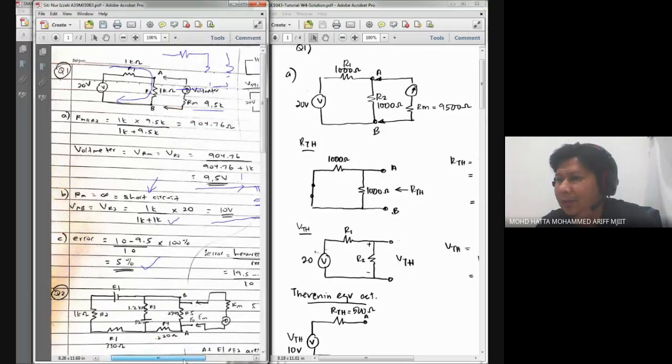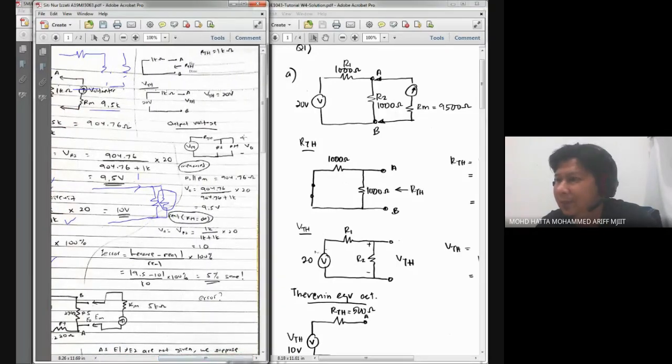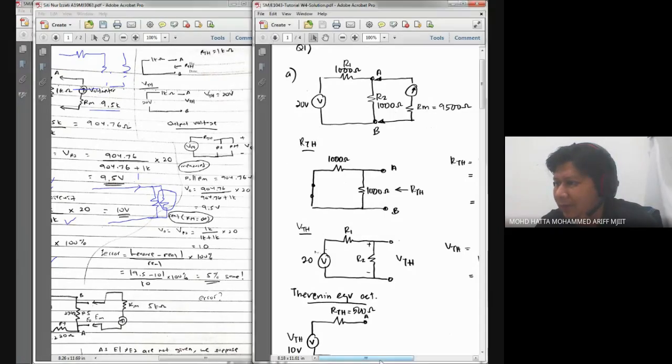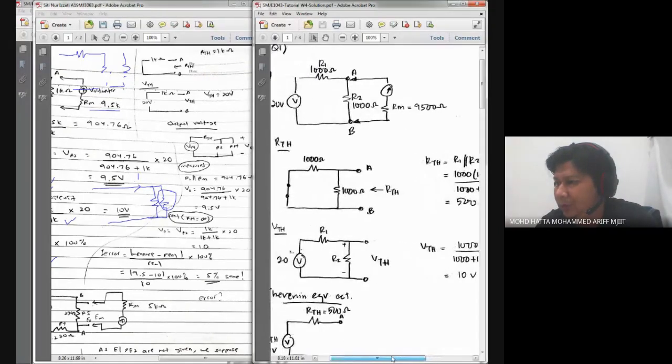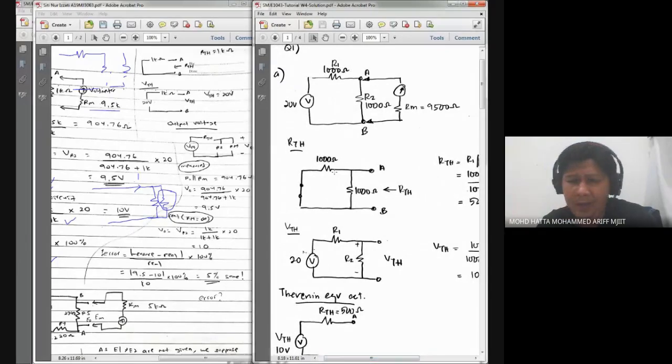Okay, the value that Izati got here is 1 kilo ohm, since she doesn't have any resistor R2 over here, and the one that I got over here is 500 ohm, because I have a parallel connected resistor 1000 and 1000 over here.